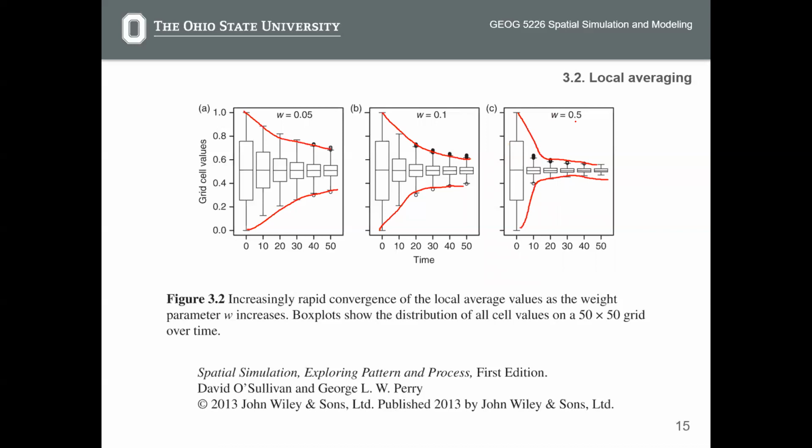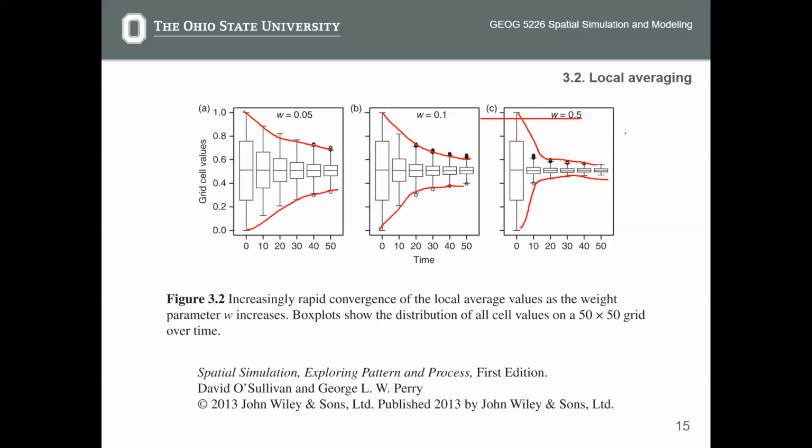If W is equal to 0.5, all cells get similar to each other in terms of values very fast, in 10 generations. And after 20 generations, there is barely any change in the values of all the cells on this lattice. So this is the importance of weight.